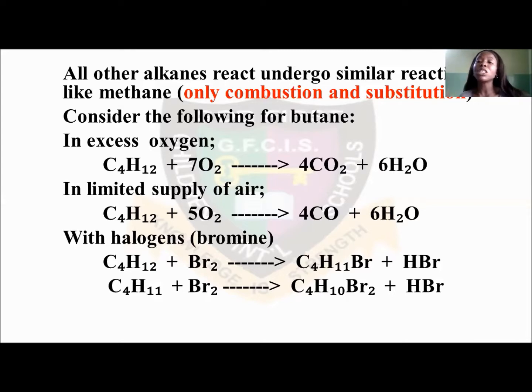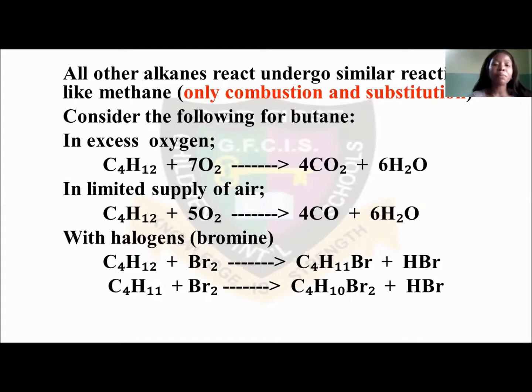Combustion is the burning of alkanes in air or oxygen. In sufficient oxygen, you have carbon(IV) oxide, while in insufficient oxygen, you have carbon(II) oxide. Then with the halogen, the condition for this to happen is ultraviolet light acting as a catalyst. So you have substitution of each of the hydrogen atoms in that alkane with that halogen.